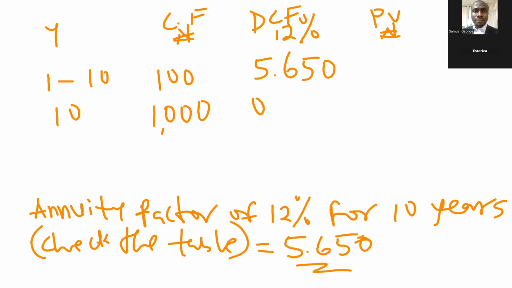We have 0.322. 0.322 times 1,000 is 322. That's our PV.